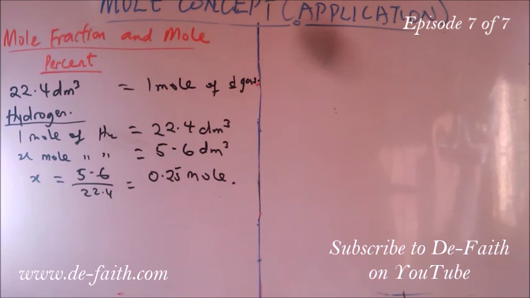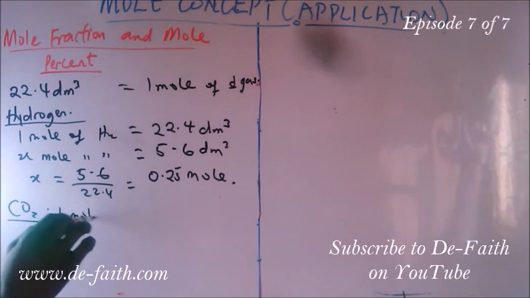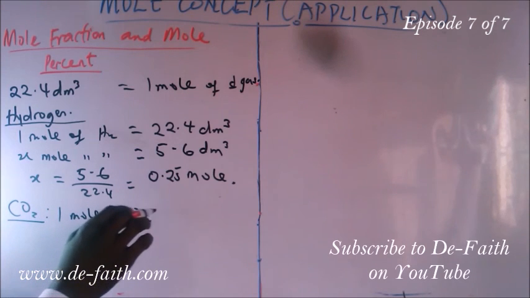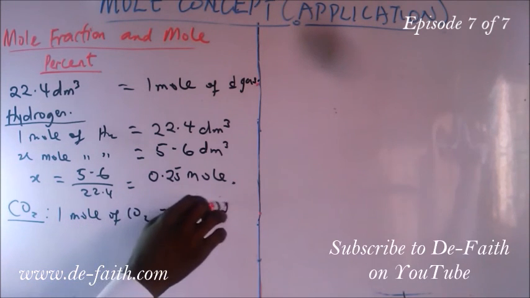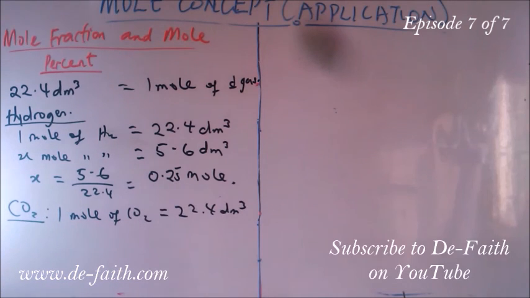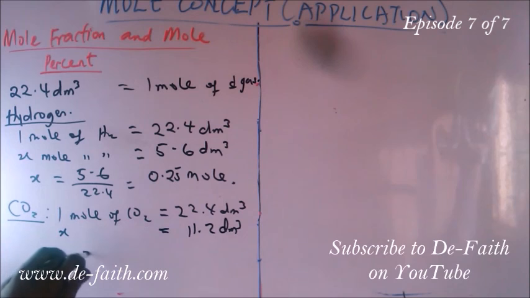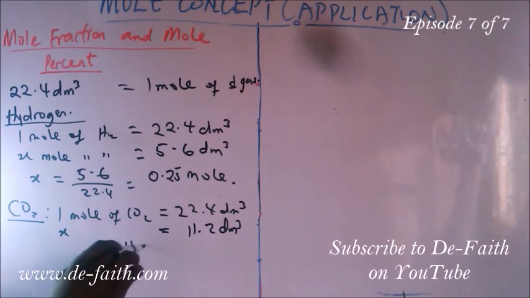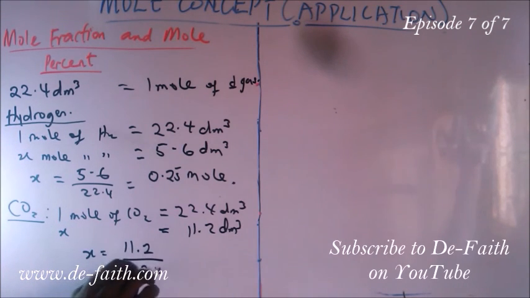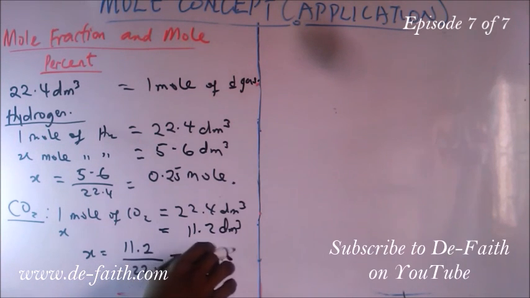Then we proceed to carbon dioxide. We are aware that 1 mole of CO2 equals 22.4 dm cubed. Hence, 11.2 dm cubed will give what? So we have 11.2 over 22.4, and when we divide this, it will yield 0.5 mole.